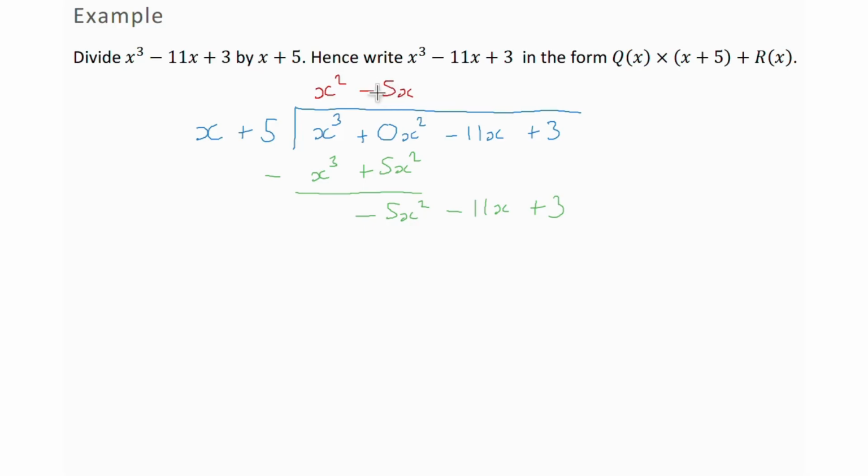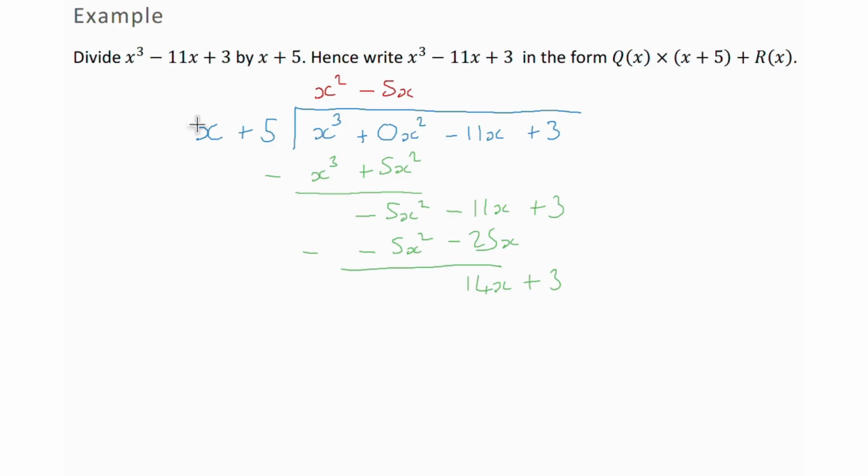And then we multiply that minus 5x by this linear factor, and we get minus 5x squared minus 25x, and we again take it away. That leaves us with 0. Minus 11x take away minus 25x is going to give me 14x, and then plus 3 because we're taking away 0.